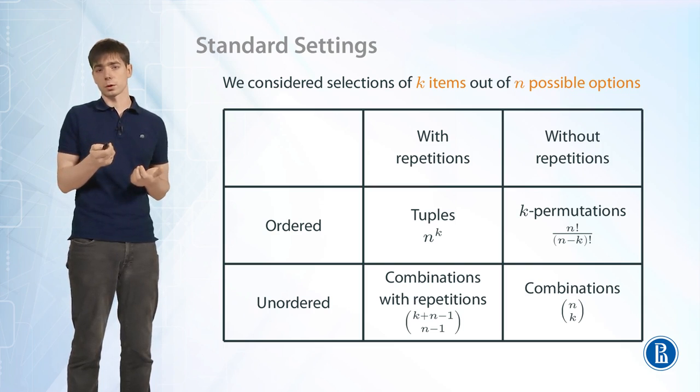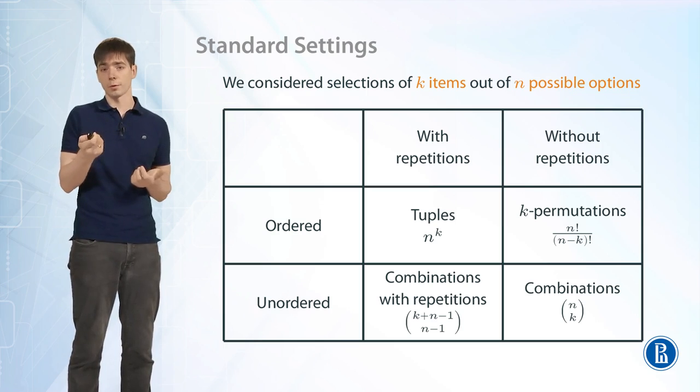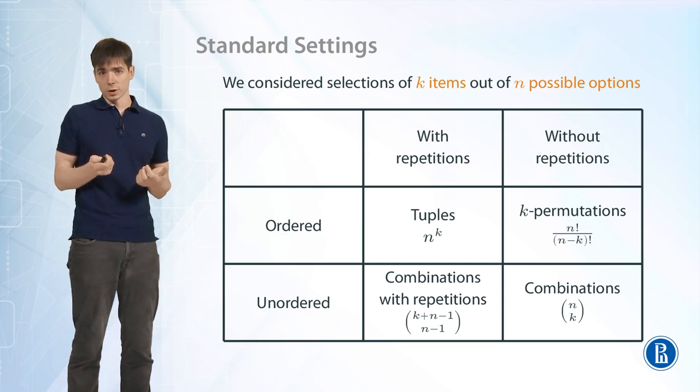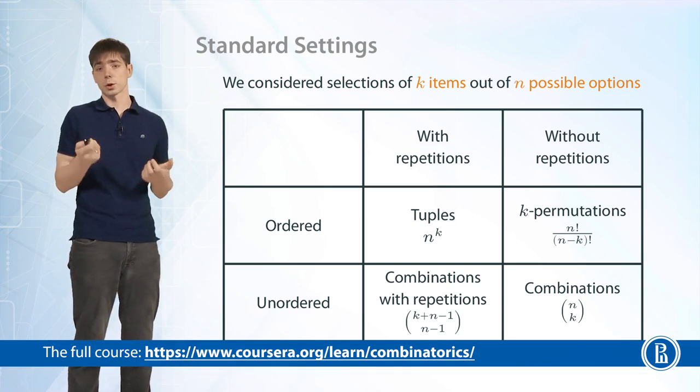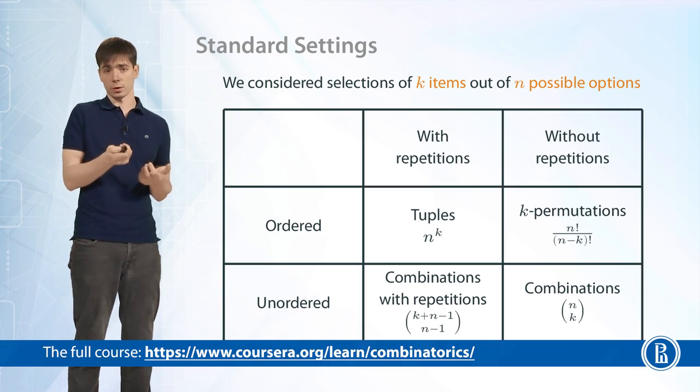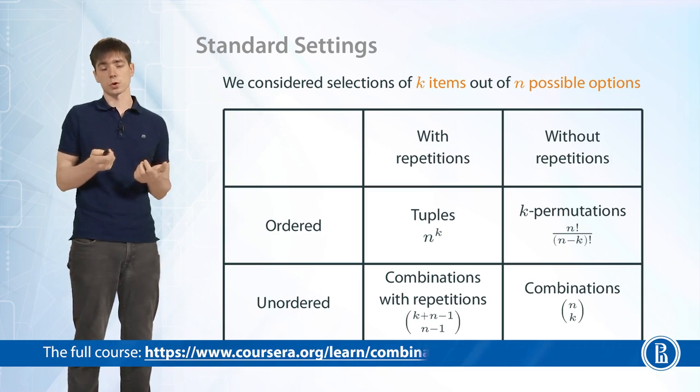There are n factorial divided by n minus k factorial of them. Then we proceed to unordered selections. Unordered selections without repetitions are combinations, and there are n choose k of them. And in this lesson, we considered the final cell of this table, unordered selections with repetitions, and it turns out that binomial coefficients help here as well. So the number of combinations with repetitions is equal to k plus n minus 1, choose n minus 1.